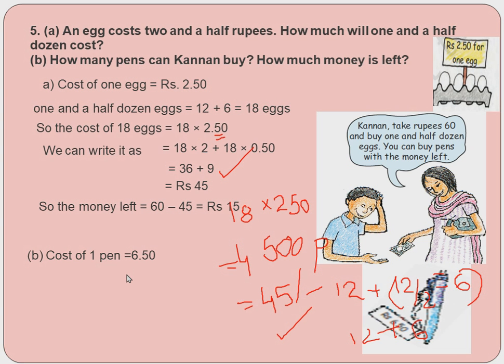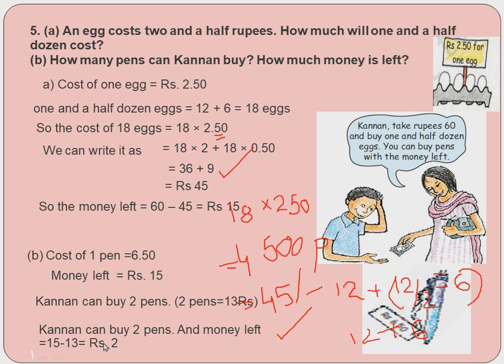What is the cost of 1 pen? 6 rupee 50 paisa. How much money is left with him? 15 rupees. So now Kannan can buy 2 pens, because 1 pen is 6.50, 2 pens 13 rupees. More he can buy? No. And how much money is left with him? 15 minus 13, 2 rupees.